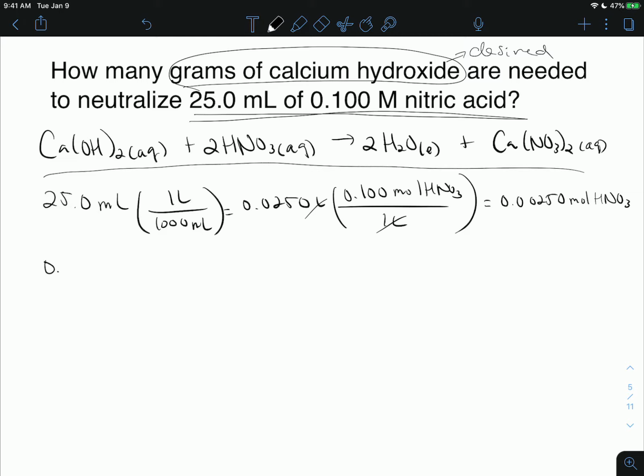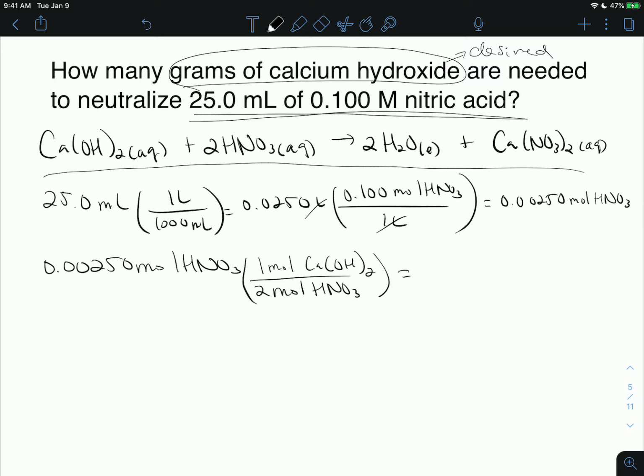So we have 0.00250 moles of nitric acid. For every 2 moles of nitric acid, we neutralize 1 mole of calcium hydroxide, giving us 0.00125 moles of calcium hydroxide.